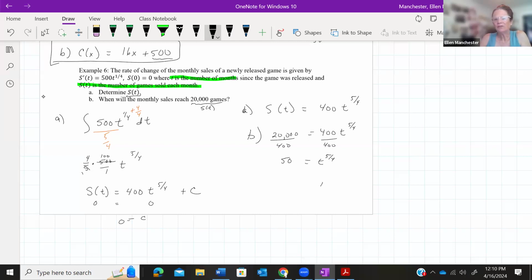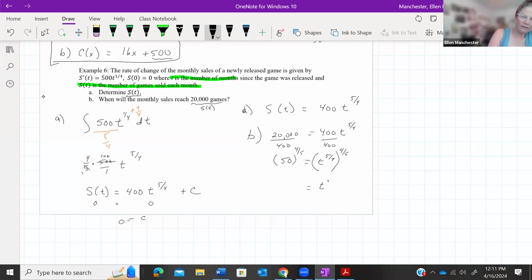Okay, now this is the trick, right? This is another little algebra skill. You want t to be to the first power, right? We're trying to get this 5/4 gone. So you raise this to the 4/5, because 5/4 times 4/5 is 20 over 20, which is 1. Whatever I do to one side, I've got to do to the other.